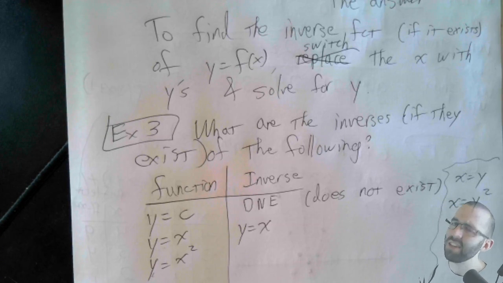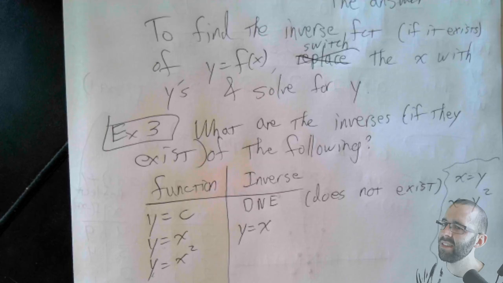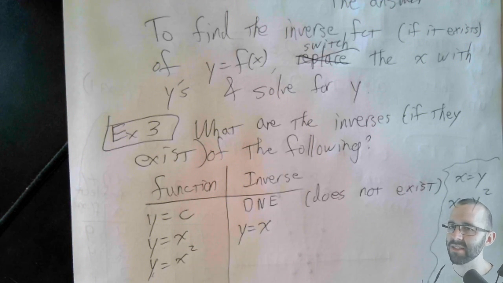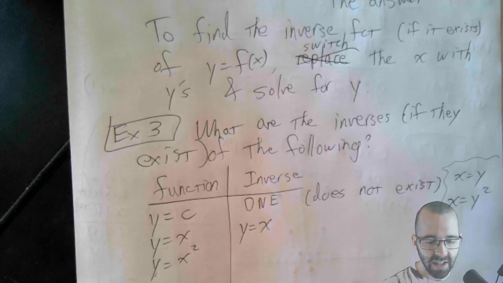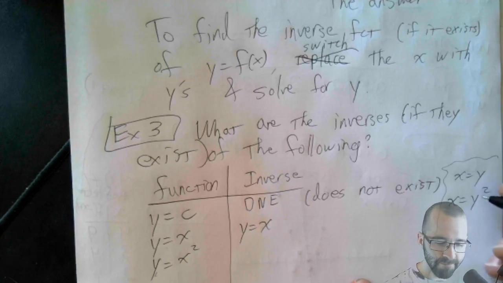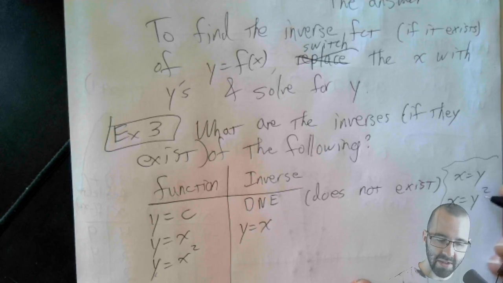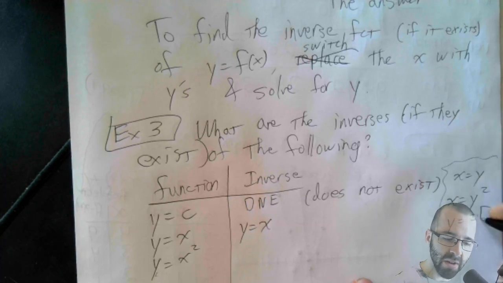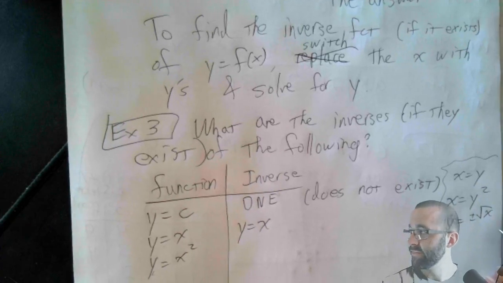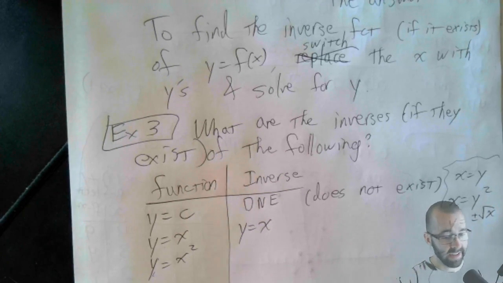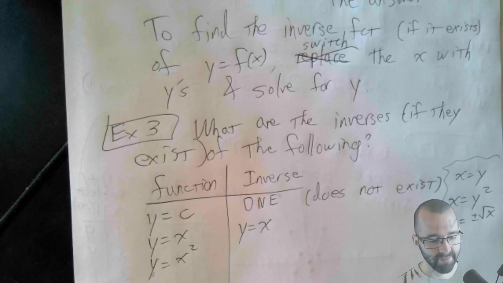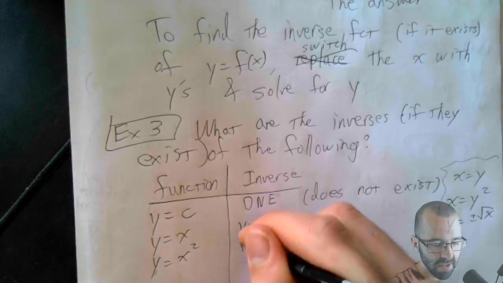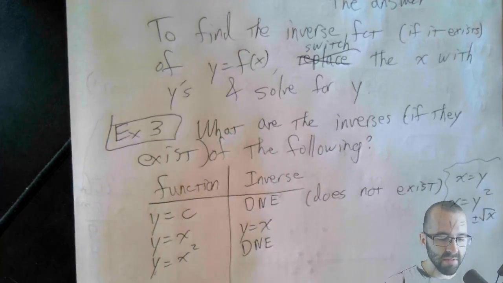We said, if you have y squared, it's not going to be a function because you're going to get two things for every x. But let's say you forgot that. We take the square root of both sides to solve for y, we get this, and that's not a function. Okay, so this does not have an inverse function.